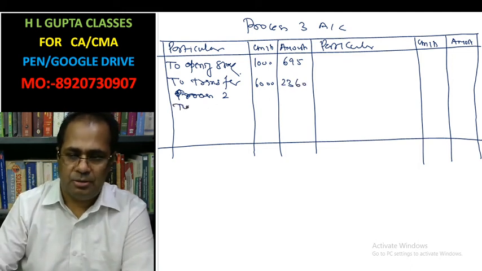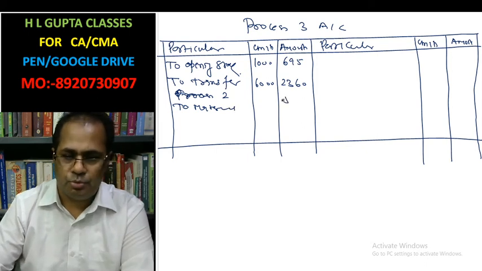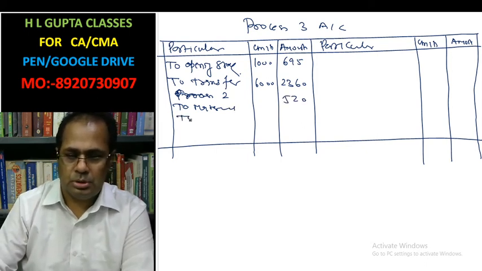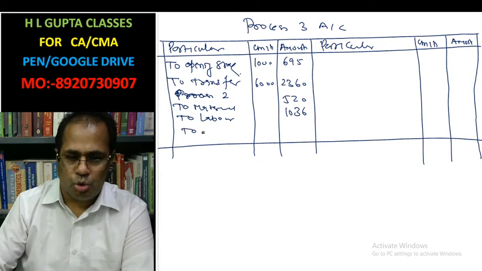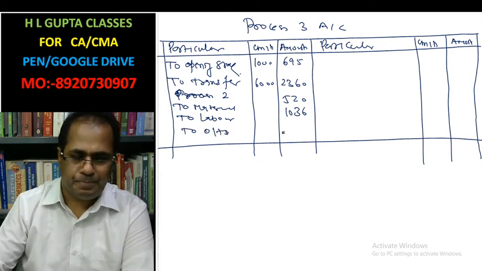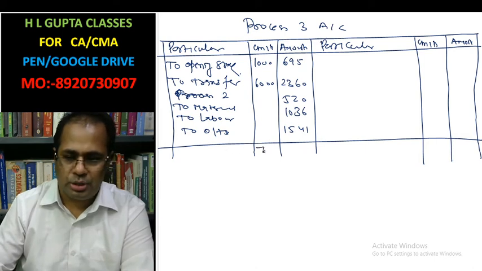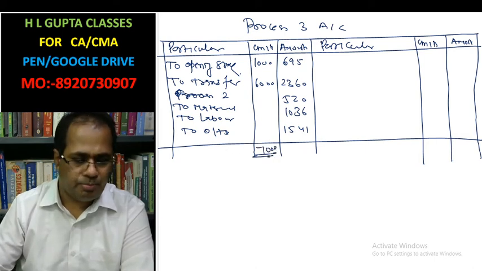To material 520. To labor 1036. To overheads 1541. The total you have is 6152.